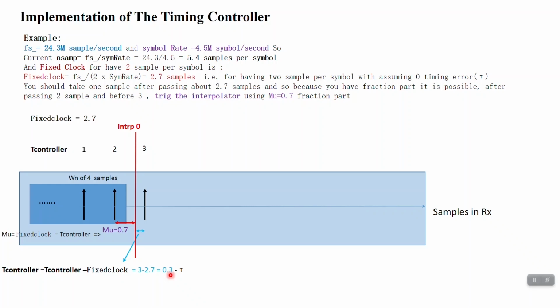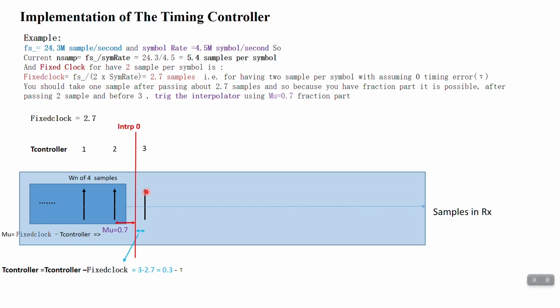So the T controller is updated to this value as the initial value, and for counting new samples after this moment, you update with the new initial T controller value.